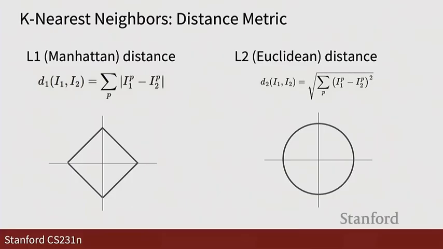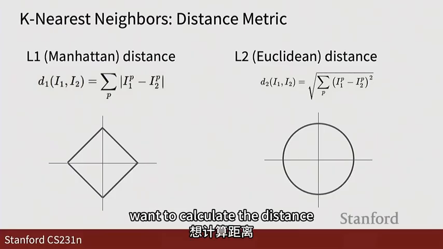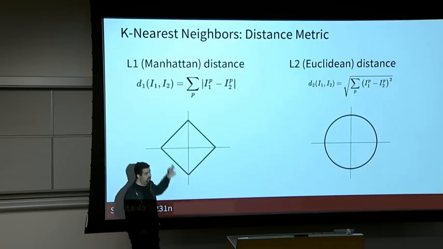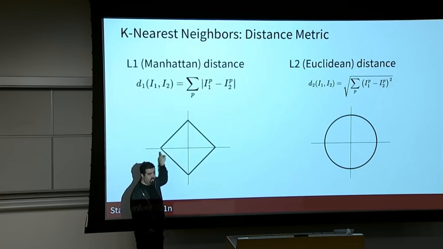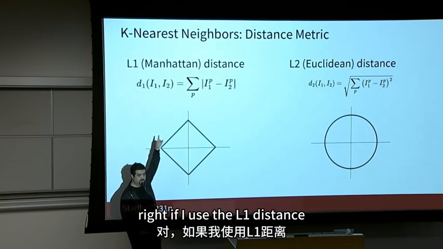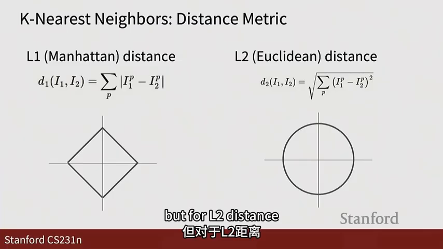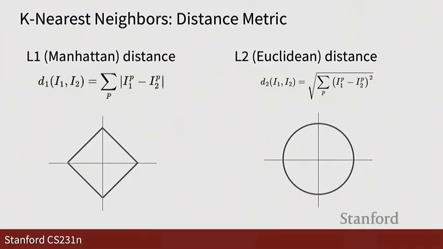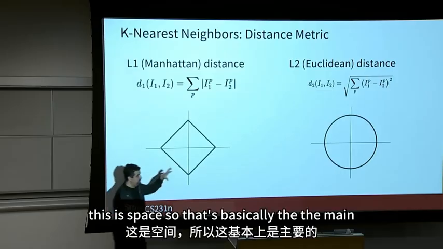If I use the L1 distance, the distance of all of the points on this shape from the origin are exactly the same, right? But for L2 distance, the points on this circle have the same distance from the center or the origin of this space.